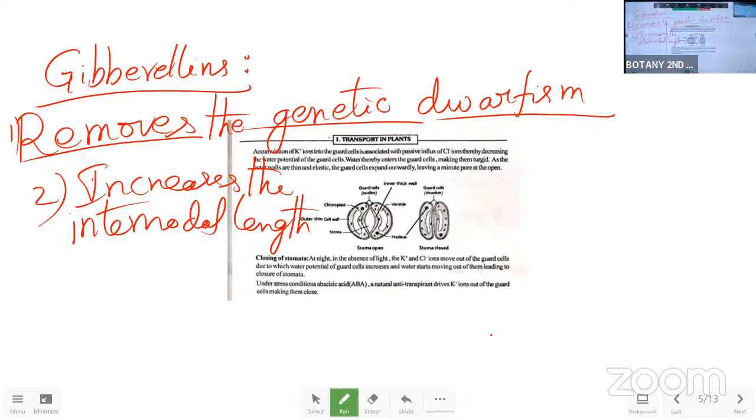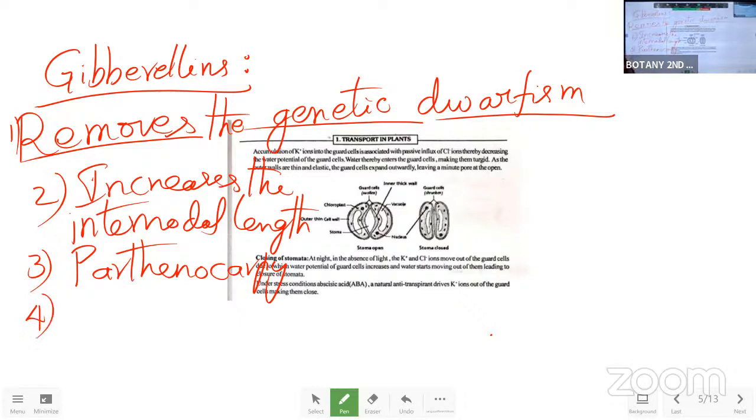Okay. And the third one, it enhances the parthenocarpy in tomatoes and in Solanaceae family members. That is, seedless fruits are going to be formed by the application of gibberellins in some plants. Example, tomatoes and grapes. Okay.